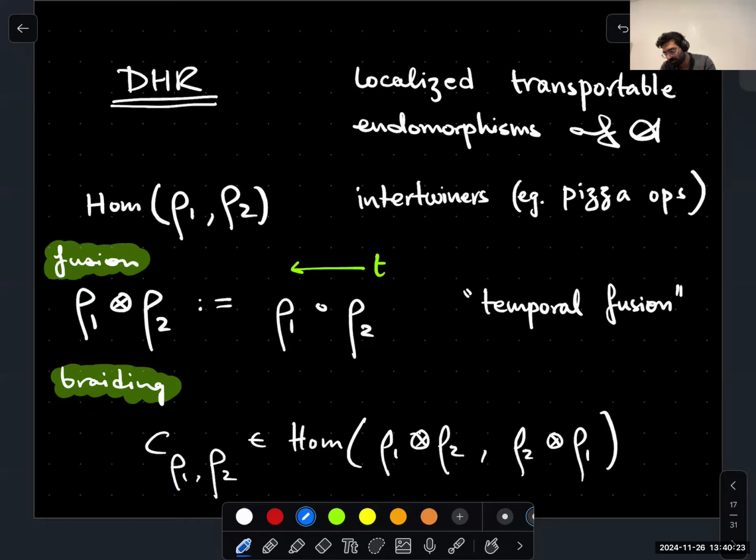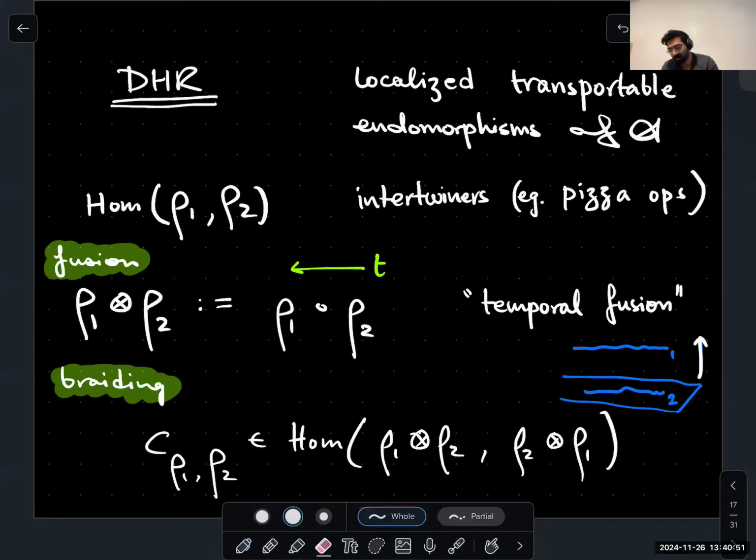So if you think of it, let's say this is the time direction over here. And let's say I have some anion A over here in some lattice. And then I can also have another anion B. So I guess this is anion 2 and this is anion 1. And I can compose them in a temporal way when I call it fusion.